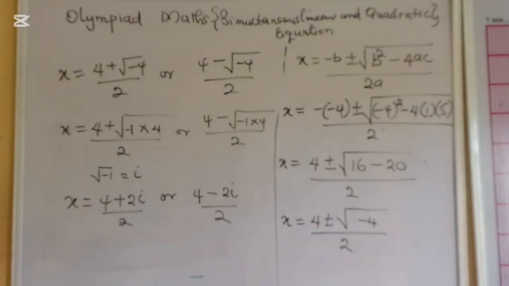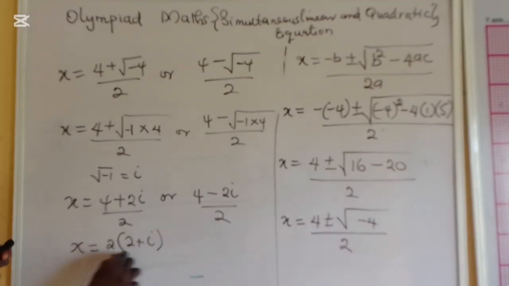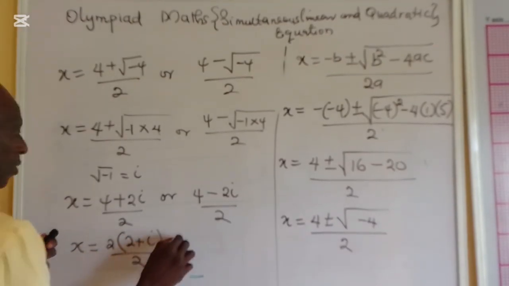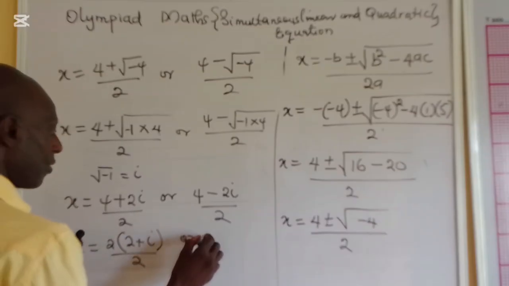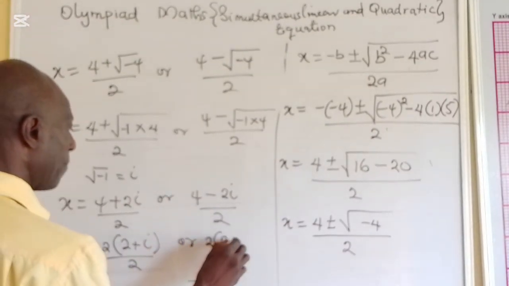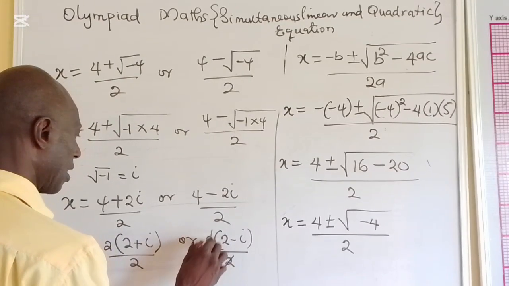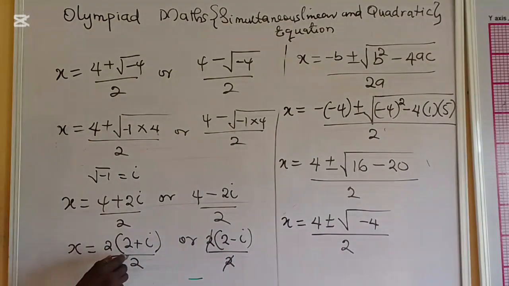Now, we can factorize the expression. So x is equal to 2 is common. So here is 2 plus i divided by 2, or here will now give us 2 into 2 minus i over 2. So this will cancel this. This will cancel this.